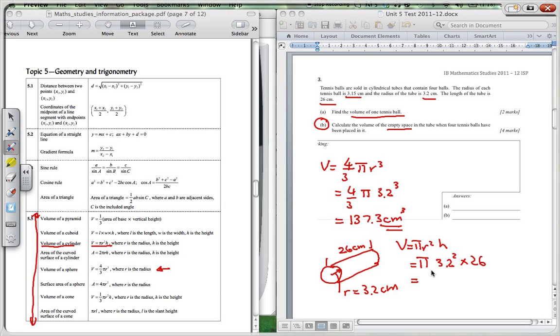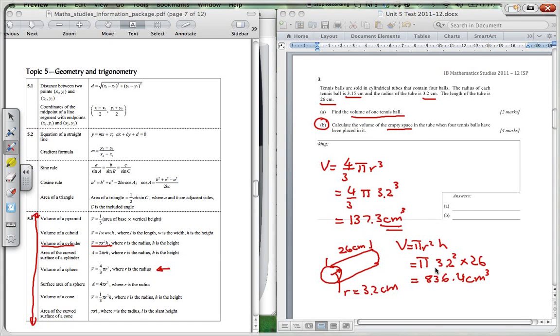So I just do that: shift pi times 3.2 squared times 26, enter, and I get 836.4 centimeters cubed.